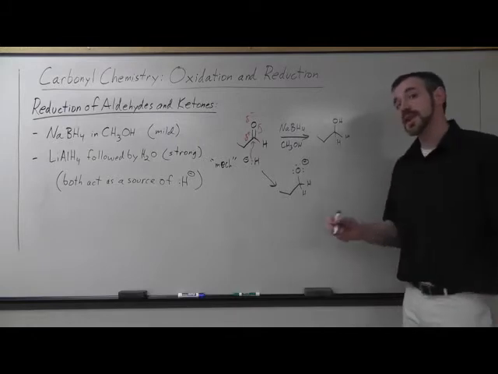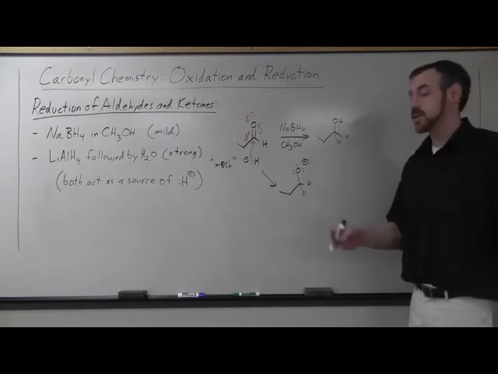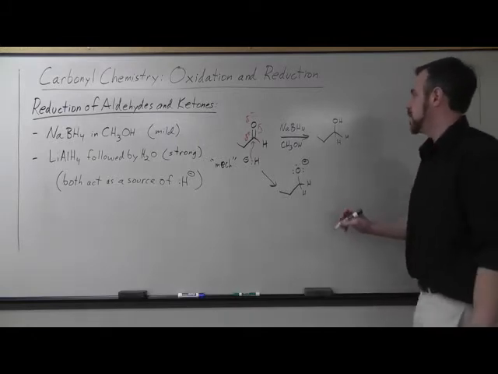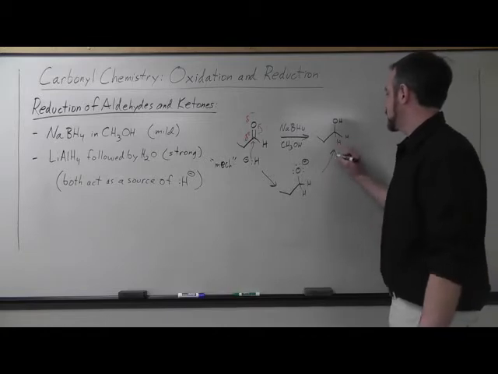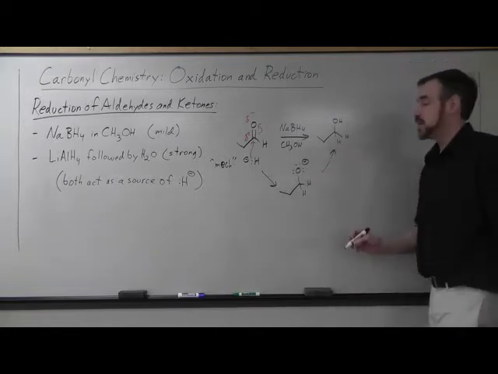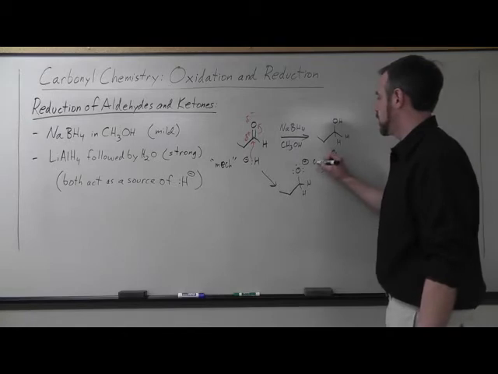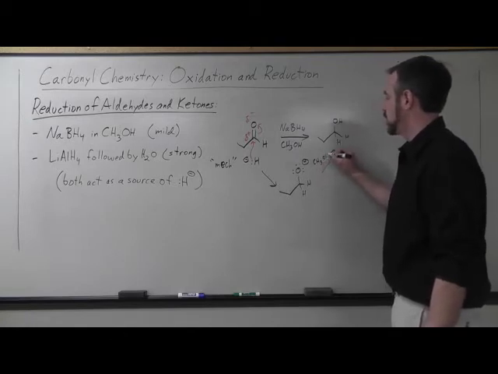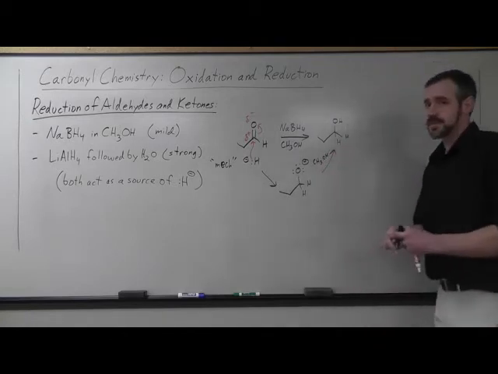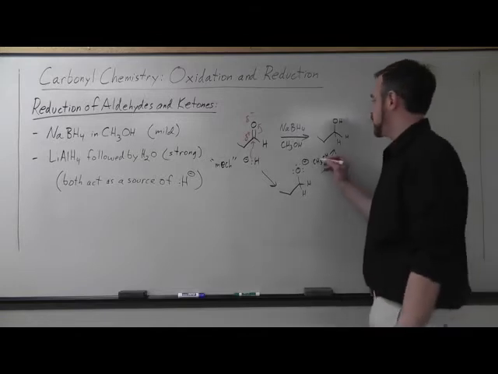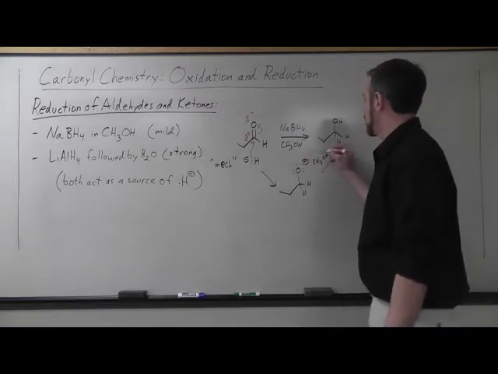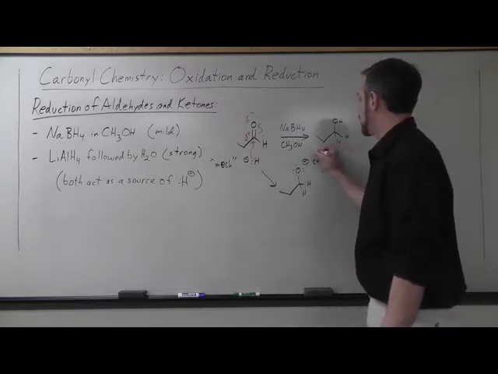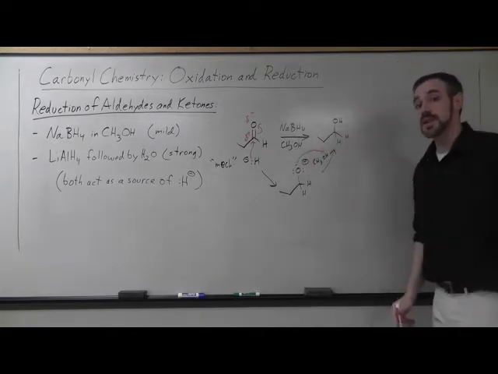And so it's useful to think of these reagents as acting as a source of H-. The alkoxide can then get protonated from our alcohol in these situations, to get to the neutral product.